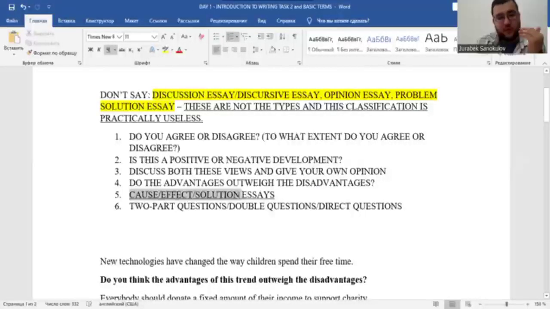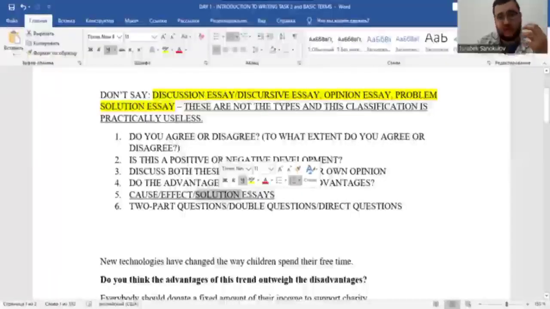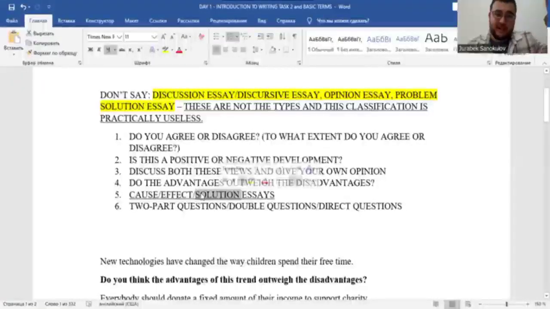So here we have three words: causes, effects, and solutions, right? Some people call this, like I said, problem solution essay because in such questions, you will be given a problem. You're going to deal with a particular problem. But it's not always a problem solution essay because sometimes you may not be asked to discuss the solutions to a particular problem, right?